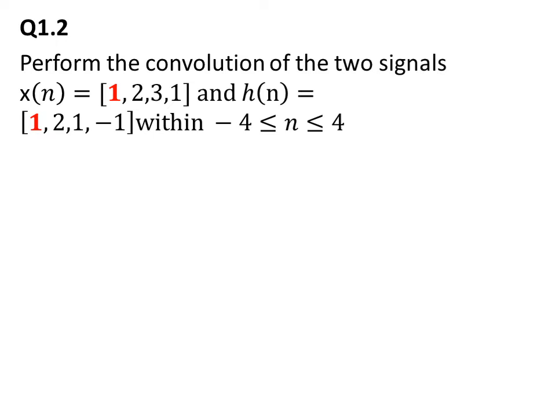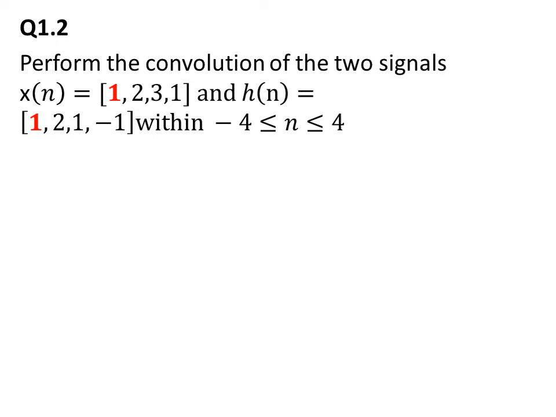Question 1.2, again you are asked to perform the convolution, and the x[n] and h[n] values are given. So first of all you have to define the values of n. Then you have to define the x[n] function, then the h[n] function.